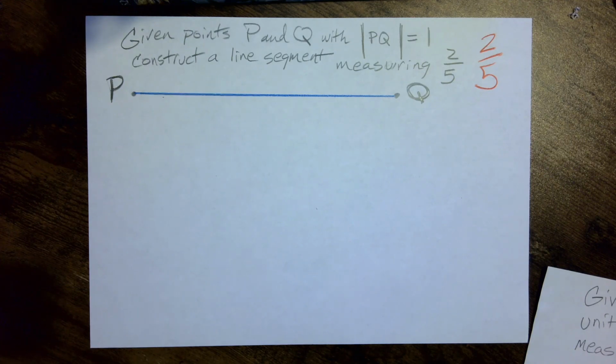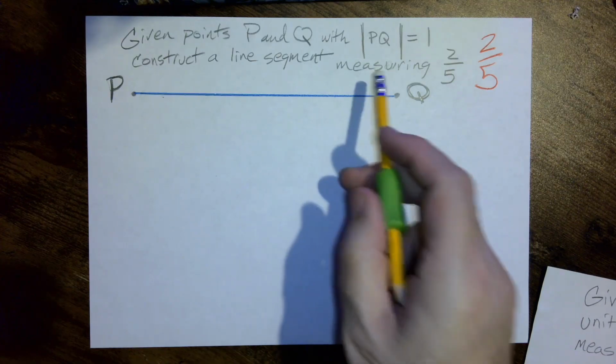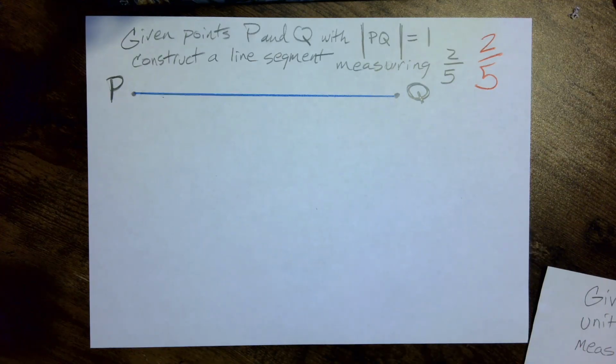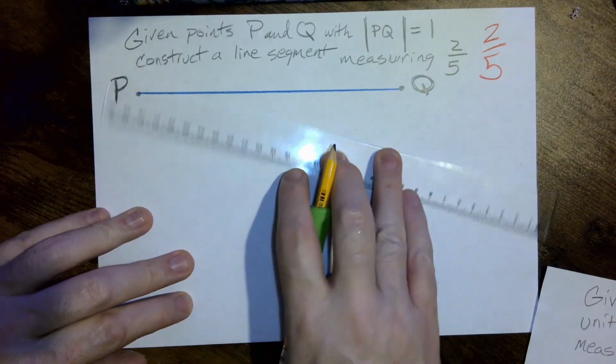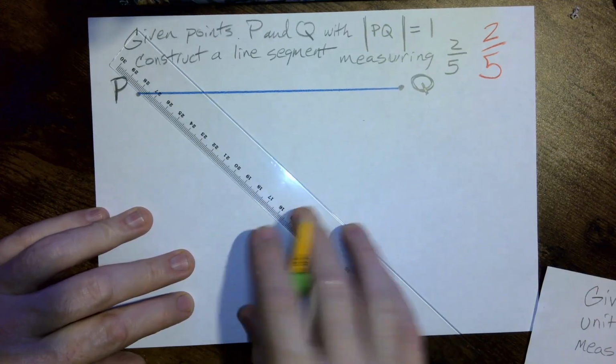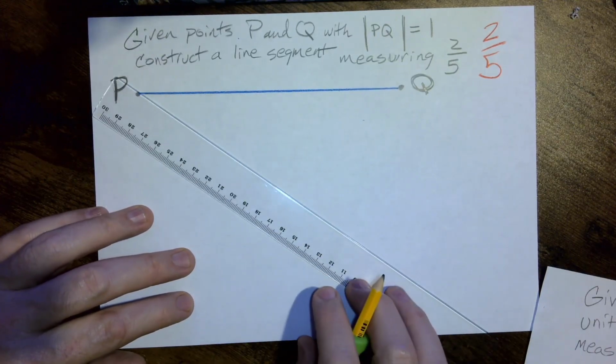Okay, here we go. Given points P and Q with PQ equal to 1, construct a line segment measuring 2/5. That's what we're going for. All right. So any angle at all, but you want to give yourself some space to make the constructions.